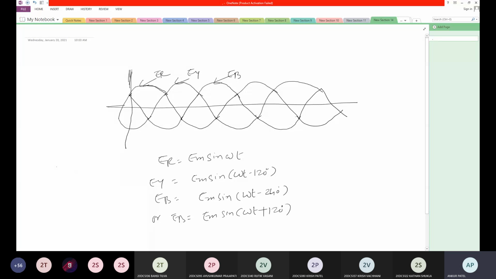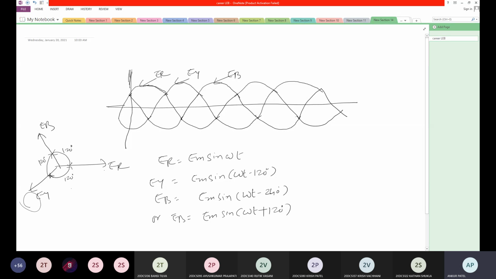According to this phasor diagram for three-phase generation, we have ER, this is EY, this is EB. Each is displaced by 120 degrees.